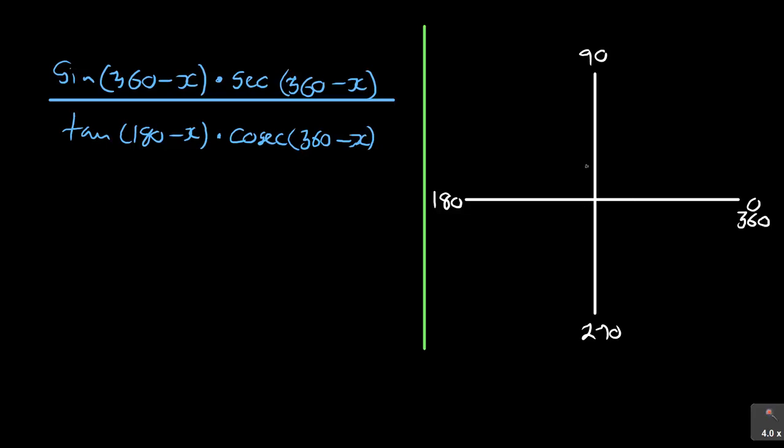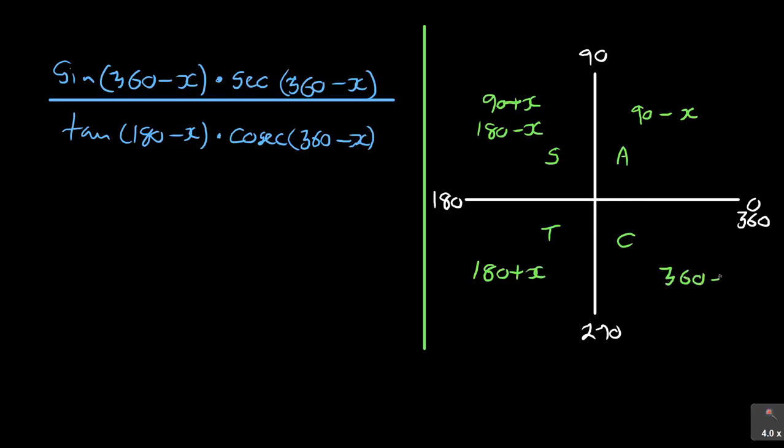With that, we have "All Students Take Chemistry", and in here the reduction rules are 90 minus x, 90 plus x, 180 minus x, 180 plus x, and 360 minus x.